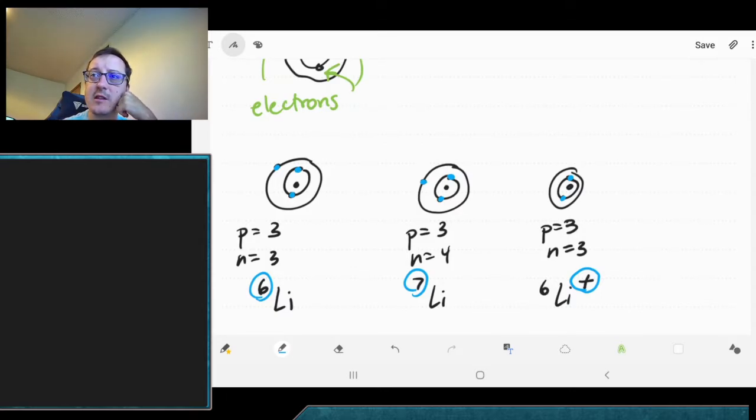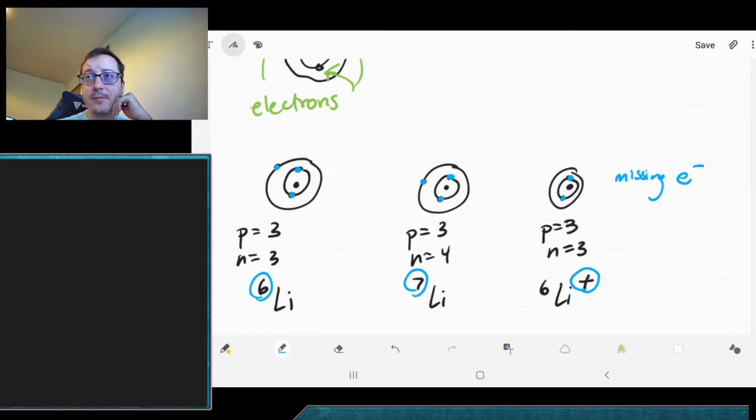What we notice as well is that we're missing an electron here, right? We had 3 in the left one and only 2 in the right one. And we end up with this plus here for some reason.